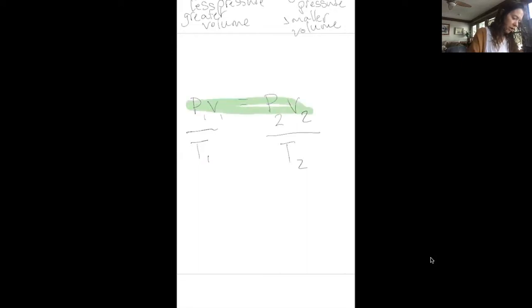If the pressure is not changing, but the volume is changing, then we can just look at this in terms of our volume: V over T equals V over T. If for some reason you needed the number of moles to fit in here, it would go on the bottom, right?